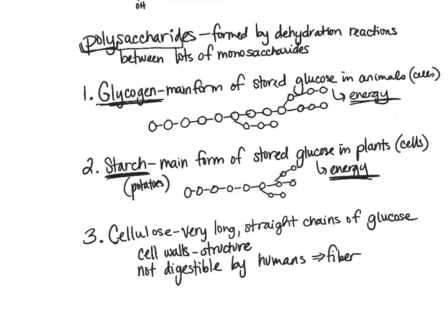So when we eat plants and we talk about how it's a high fiber meal or we're eating lots of fiber, what we're talking about is actually eating cellulose. This is what's giving the cell wall structure to the plant. And these are straight chains, meaning that they don't have any branches on them. The other two that we've already talked about, you notice that I made branches on them. In cellulose, they're very long, straight chains rather than branched chains.